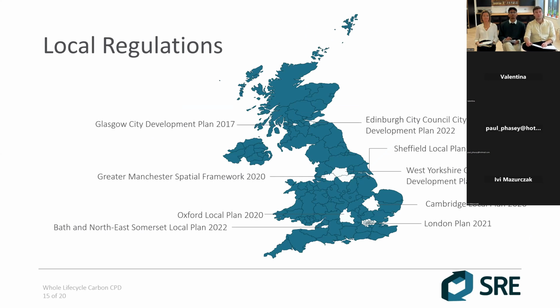So on screen here, we're showing the local boroughs where whole life carbon is a mandatory service, so where it is required for all major developments. What we haven't included here are the boroughs where it's a recommendation or a policy extension.